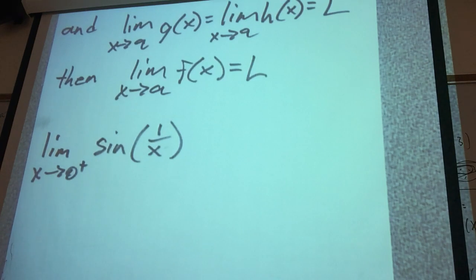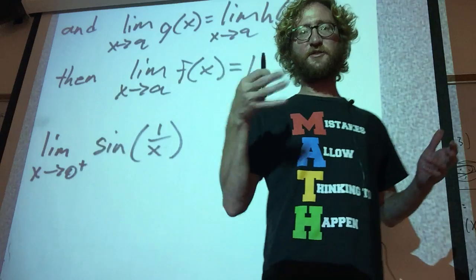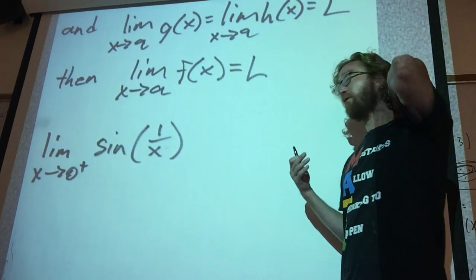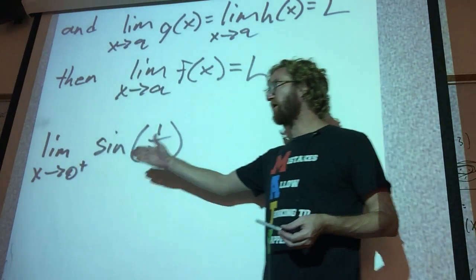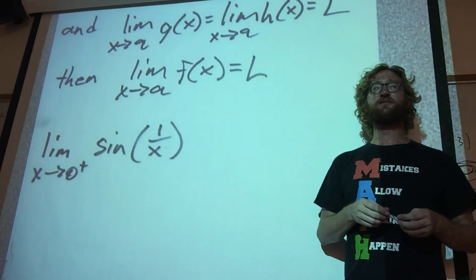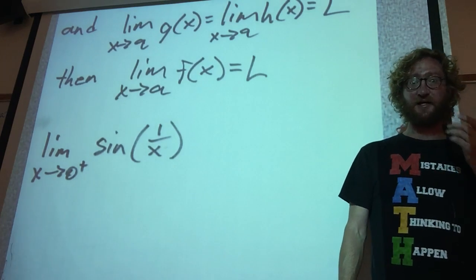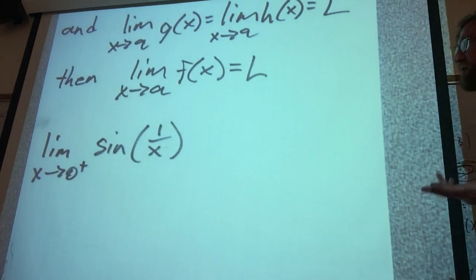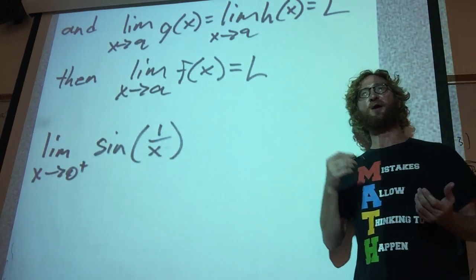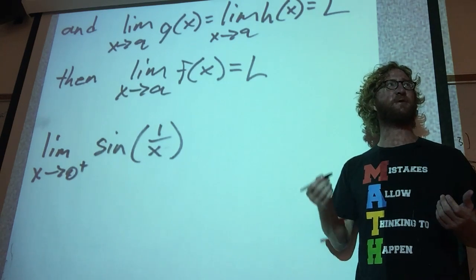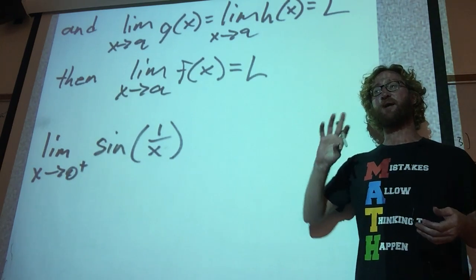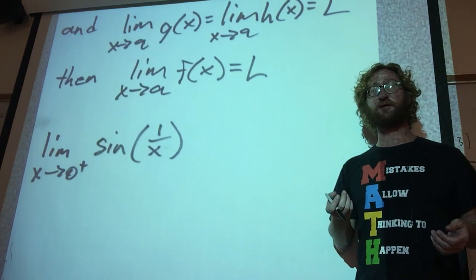So we can ask ourselves about this type of function right here. As x tends towards 0, we could actually sample other points. We're talking about sine of 1 divided by x, and x is tending towards 0. So I can pick points like x is 1 divided by pi, 1 divided by 2 pi, 1 divided by 3 pi, 1 divided by 4 pi, 1 divided by 6 pi, 1 divided by 1,000 pi. What happens with all of those 1 divided by pi's? They get flipped upside down, okay?